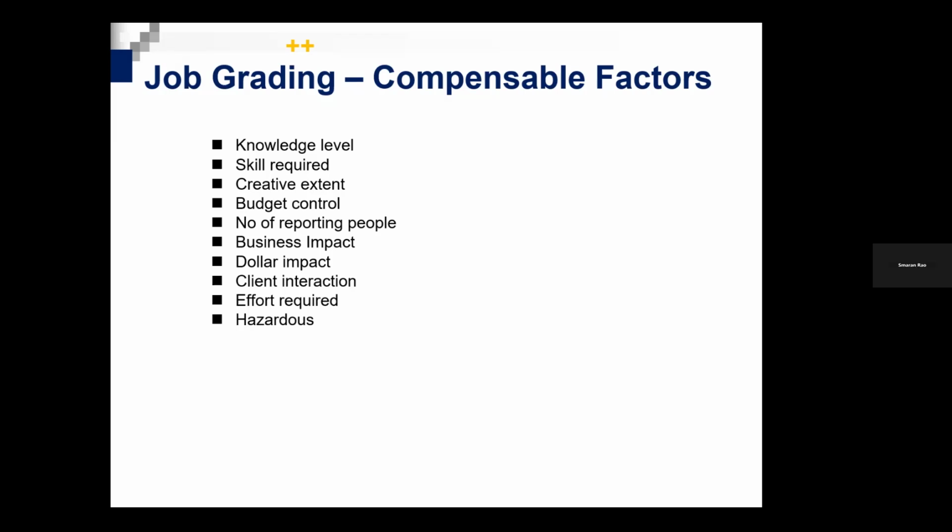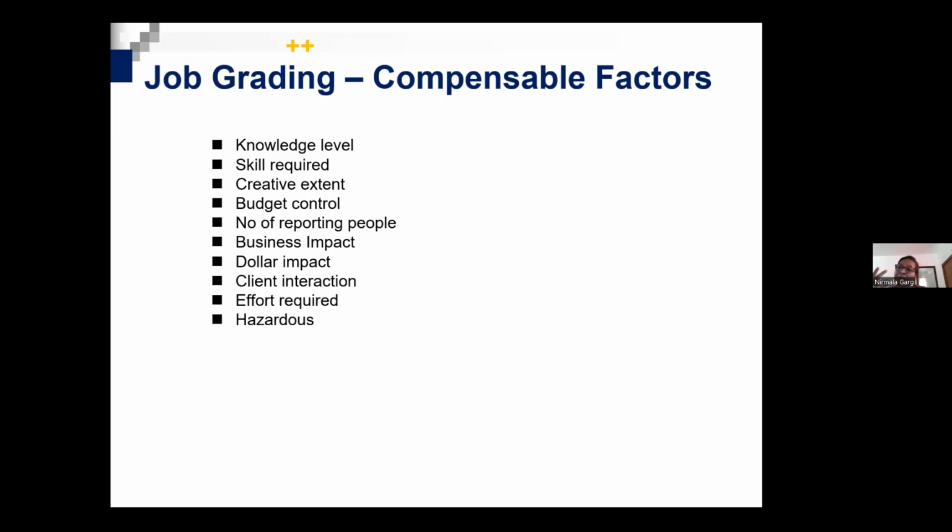But something which keeps increasing as the job increases in complexity, responsibility or effort becomes a compensable factor. Like, for example, skill required. A lower job will have a lesser requirement of skills. A higher job will have a higher requirement of skills.